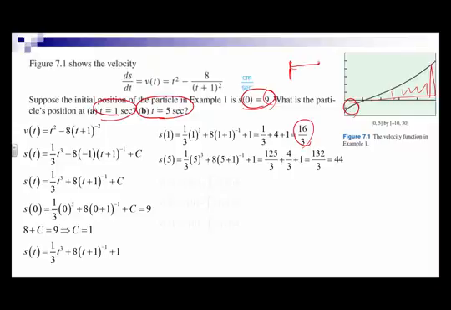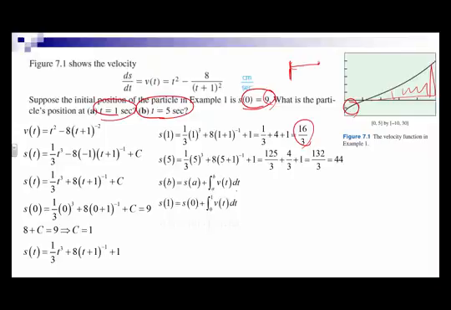We know that also by using the fundamental theorem of calculus part 2 that we could have thought generally of position as being some initial position plus this integral. This is straight out of our rewriting of fundamental theorem of calculus part 2. We want to find the position at time equal 1.